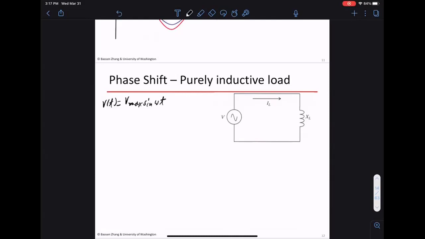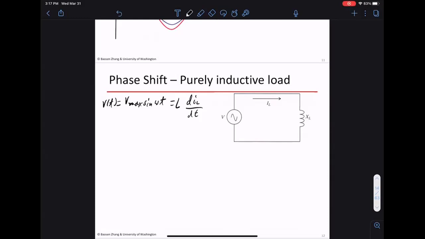Remember the differential equation form for this. This is L dI/dt. The voltage across an inductor is L times the derivative of the current. This is how you find the current.